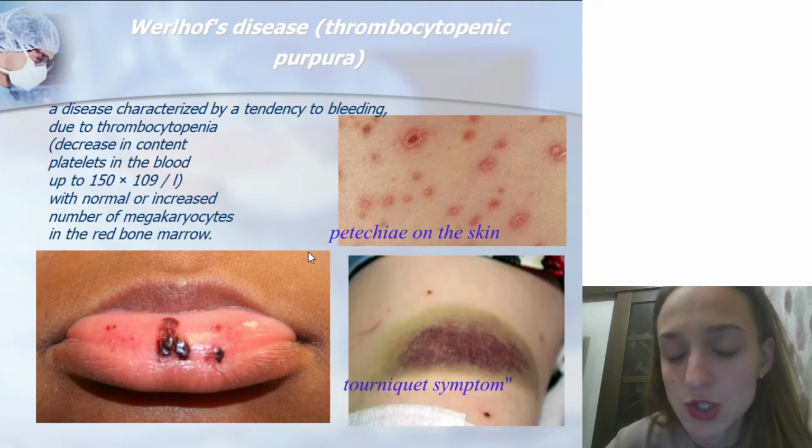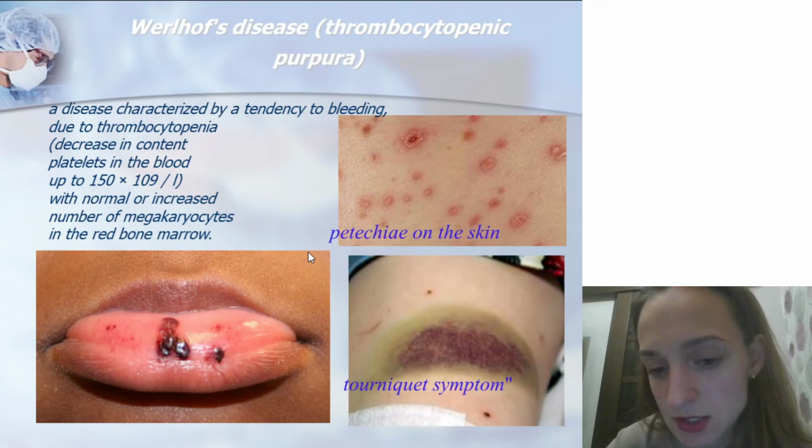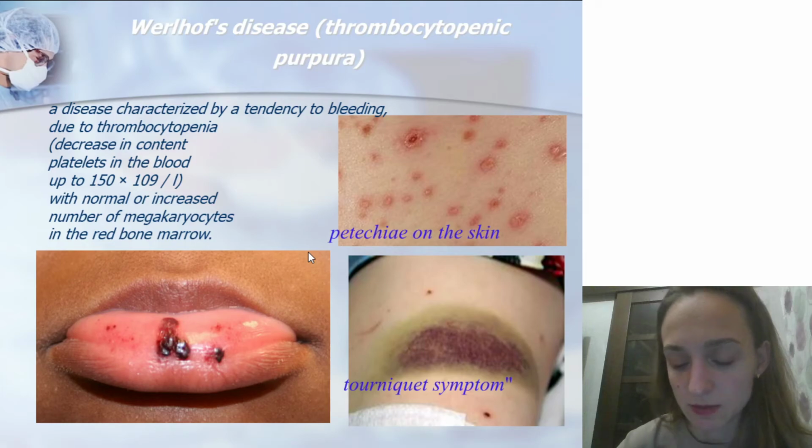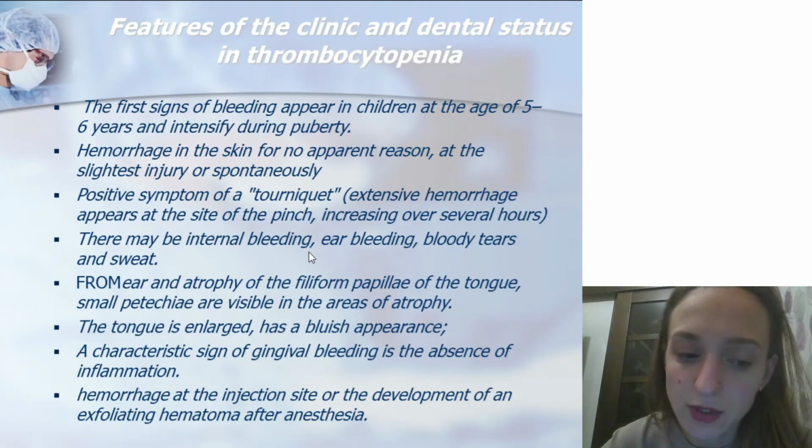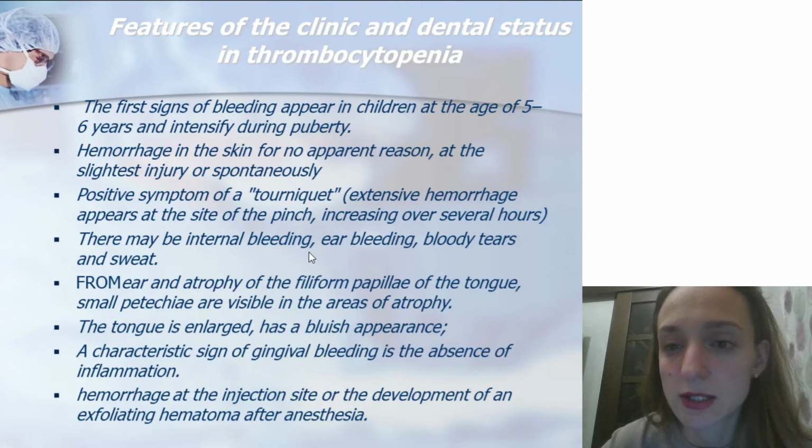And the clinical picture: petechiae of the skin and tourniquet symptom. Then features of the clinic and dental status. The first signs of bleeding appear in children at the age of 5 to 6 years.